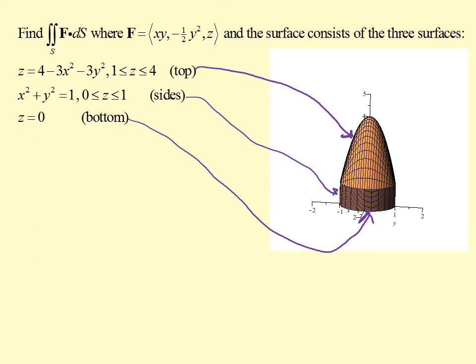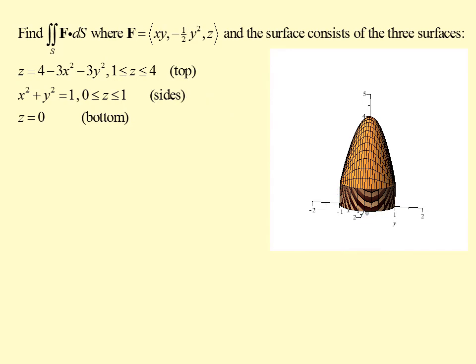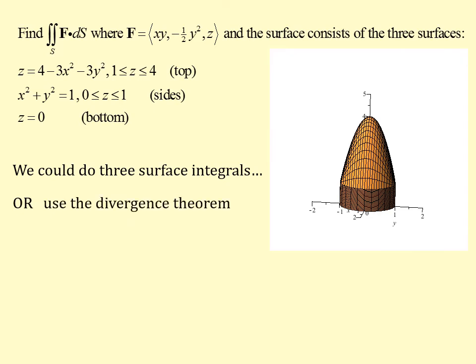To do a surface integral, we would have to do a surface integral for the top, for the side, and for the bottom. So instead of doing those three integrals, it might be better to just do the divergence theorem, since it is an enclosed region.